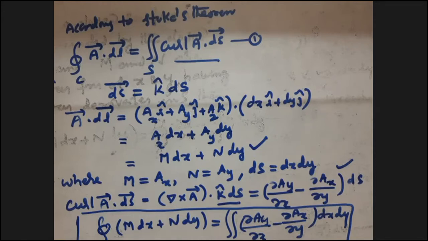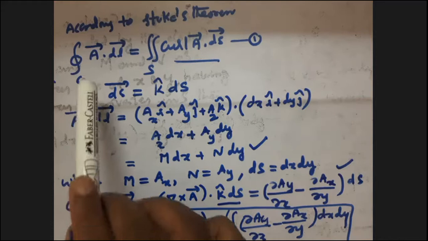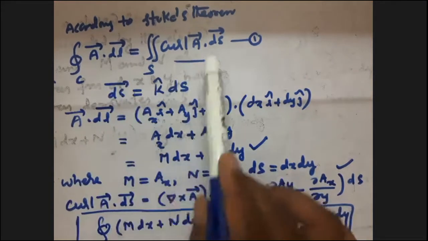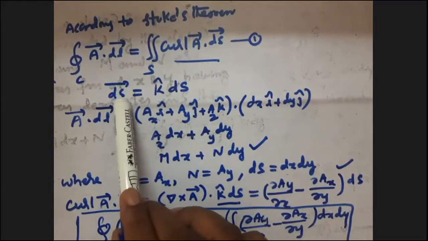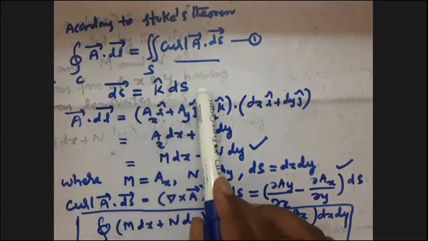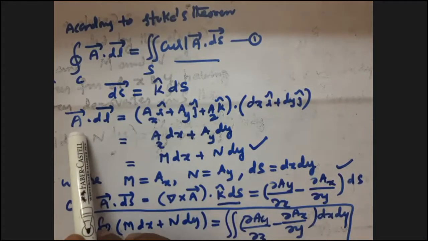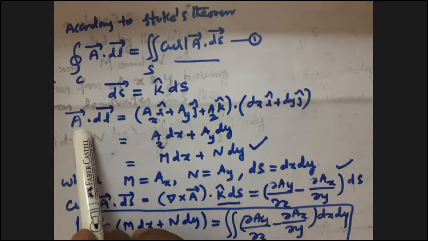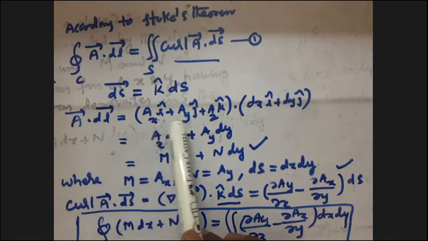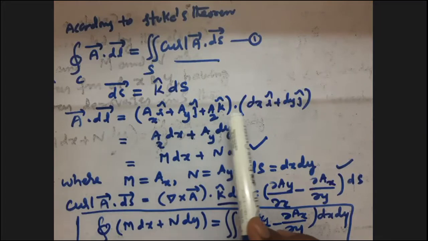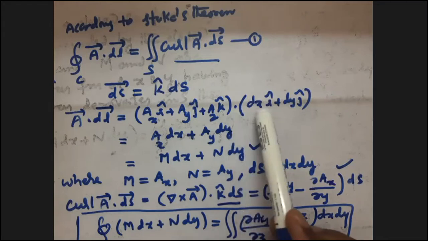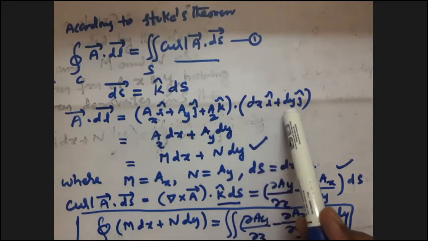To prove that, we consider a closed surface in the xy plane with a closed curve capital C taken in the counterclockwise direction. Then we have to prove the closed integral of A bar dot dl bar equals this. Here ds bar equals k cap into ds, and A bar dot dl bar equals A_x i cap plus A_y j cap plus A_z k cap dot dx i cap plus dy j cap.